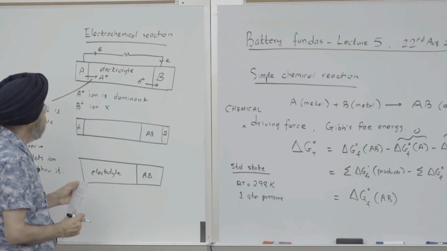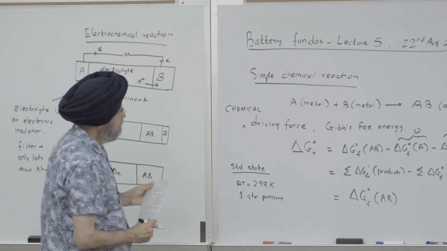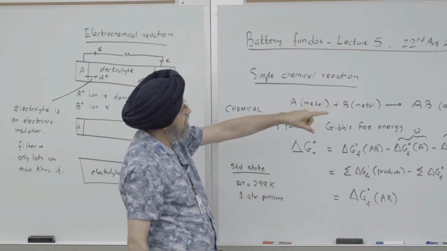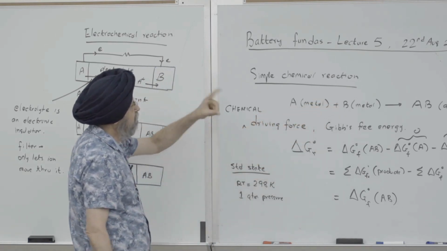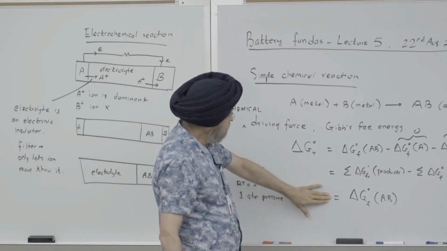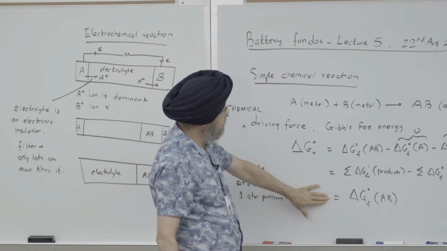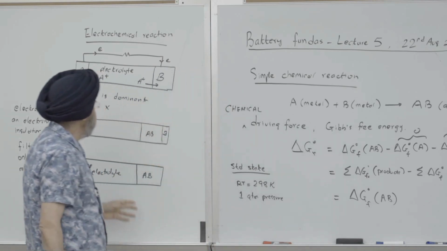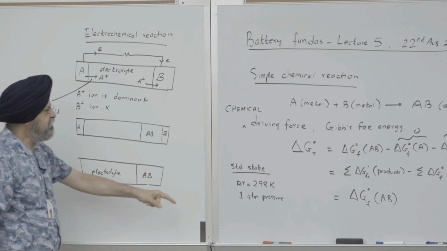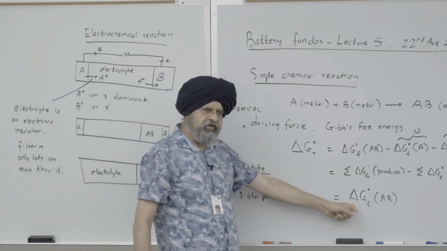So to emphasize, whether I'm doing a simple chemical reaction, and from that simple chemical reaction I can look up the tables and get the Gibbs free energy, or I'm doing an electrochemical reaction and forming the same product AB, it's the same Gibbs free energy.